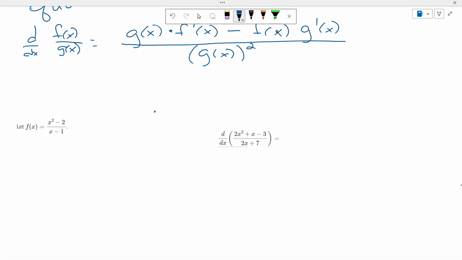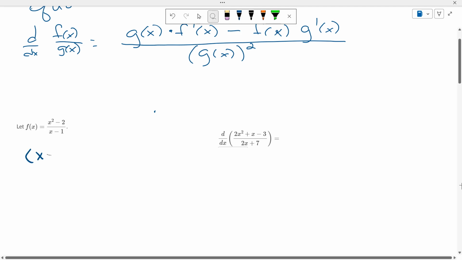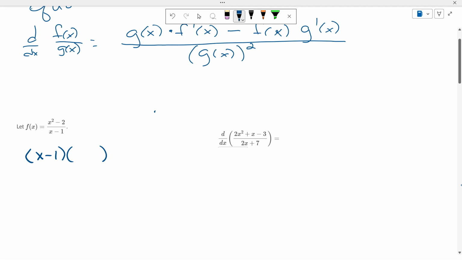So you take the bottom times the first derivative of the top. What's the first derivative of x squared minus 2? 2x.